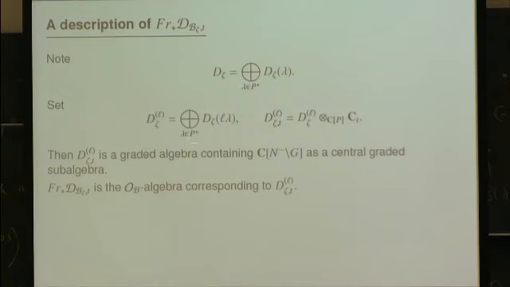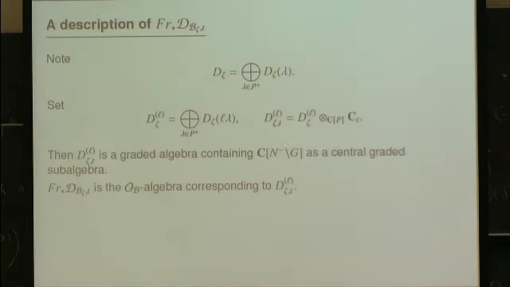and in fact it is central inside this algebra, so we can consider the specialization, and we get some algebra, and this algebra is a graded algebra containing this ring as a central graded subalgebra. So this can be regarded as a graded module over this graded ring.